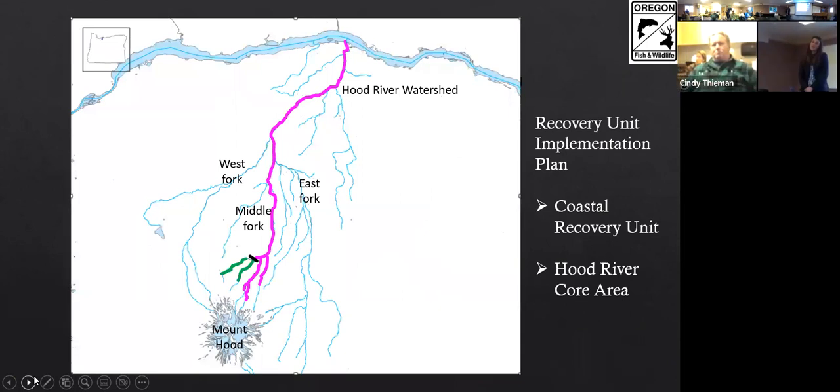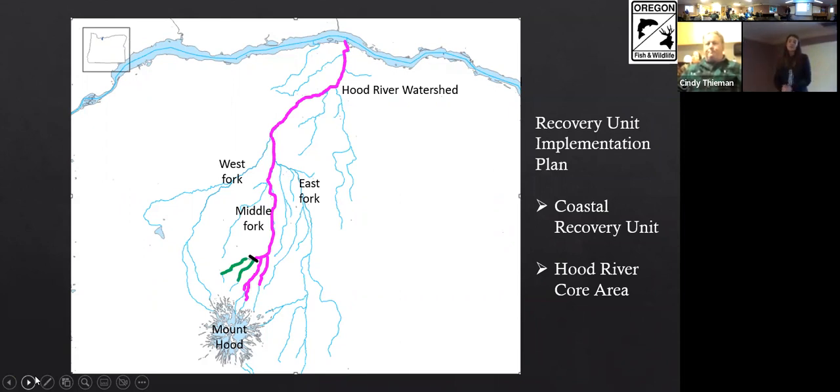And so then zooming into the Hood River Watershed, where we live and work in a watershed where we're fortunate enough to have bull trout present. I mentioned that bull trout are an ESA listed species. And so part of being an ESA listed species, there's an associated recovery plan published for ESA listed species.